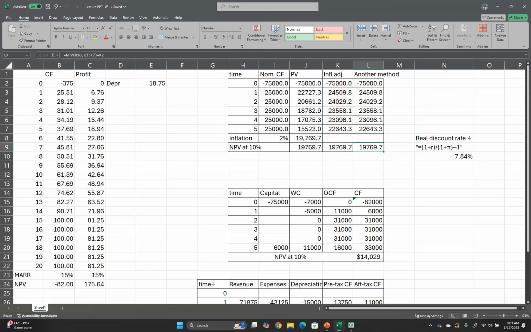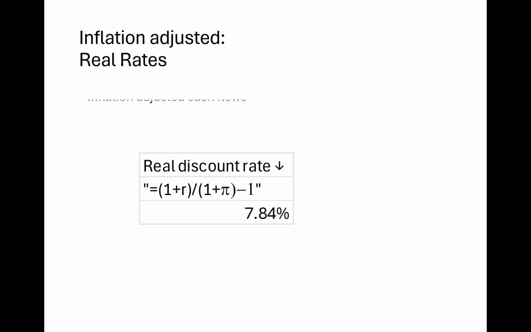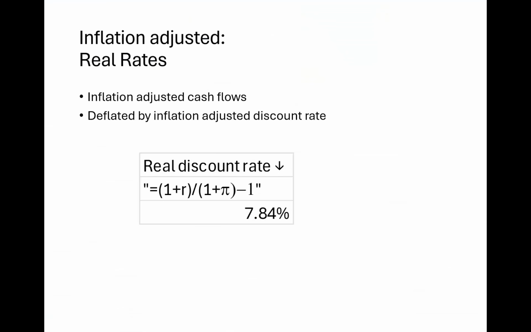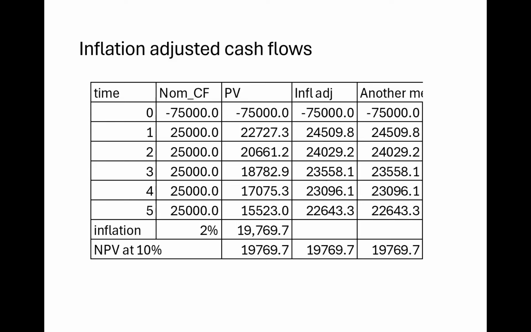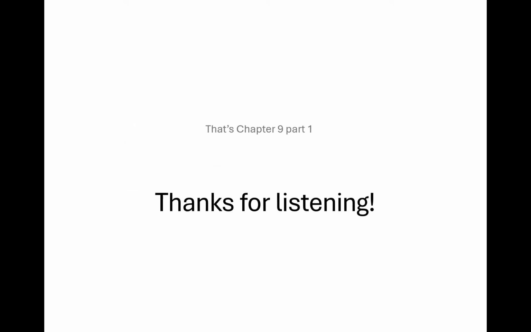So that's how we get the same answer for all three NPVs, irrespective of whether we use real interest rates or nominal interest rates. Nominal rates must be used with nominal cash flows, and real rates must be used with real cash flows. So that's how we got the same answer. And that's chapter 9, part 1. Thanks for listening.